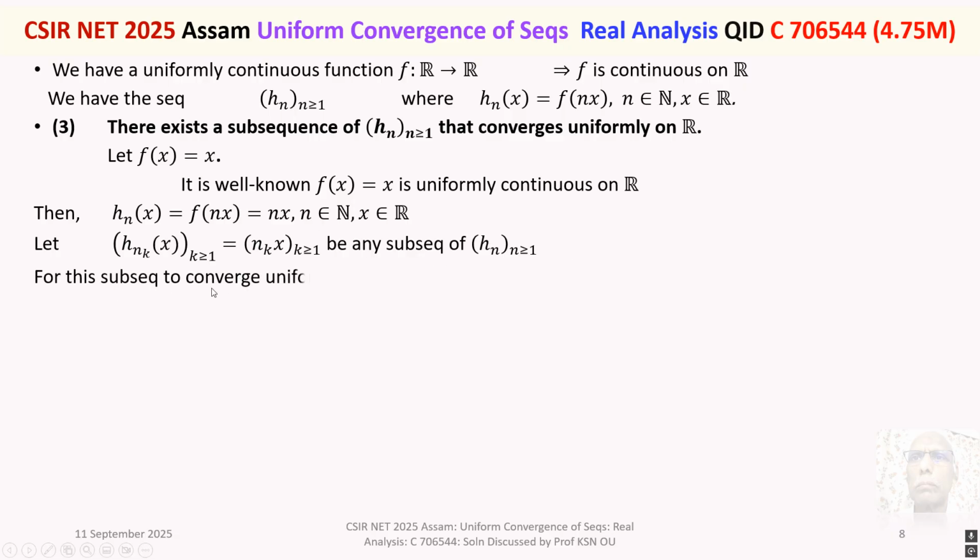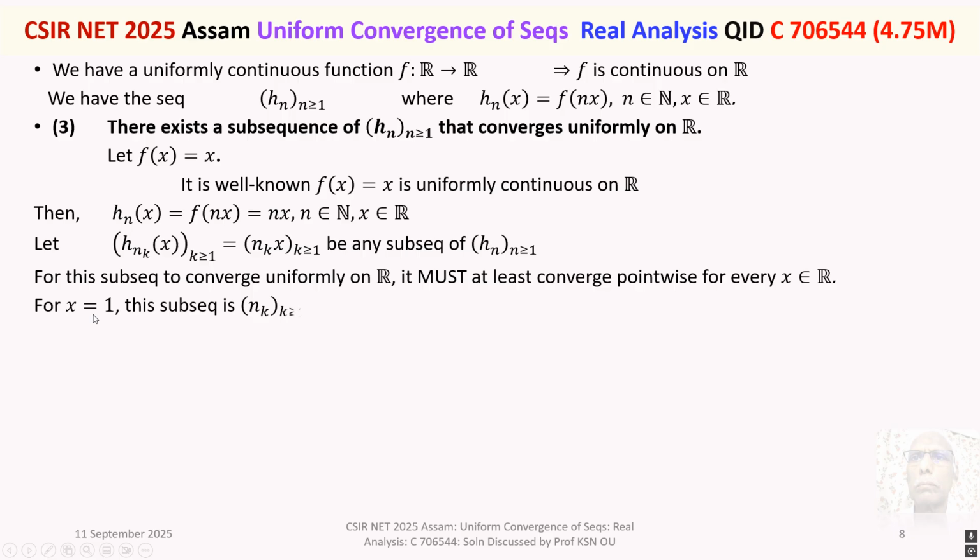For this subsequence to converge uniformly on R, first of all, it must at least converge pointwise for every x belongs to R. Does this subsequence converge pointwise for every x belongs to R? For x = 1, the subsequence n_k x = n_k tends to infinity as k tends to infinity.